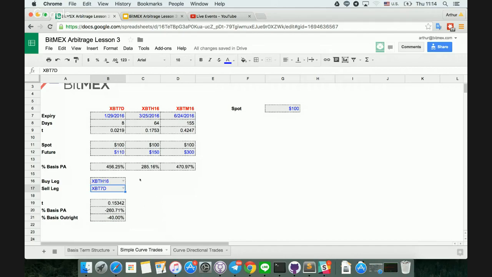So now we are selling the weekly contract and buying the monthly.